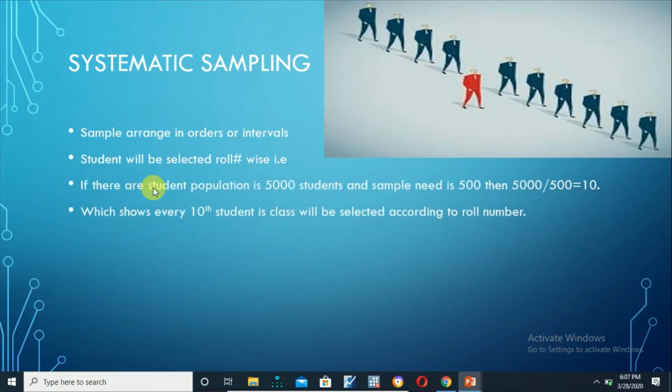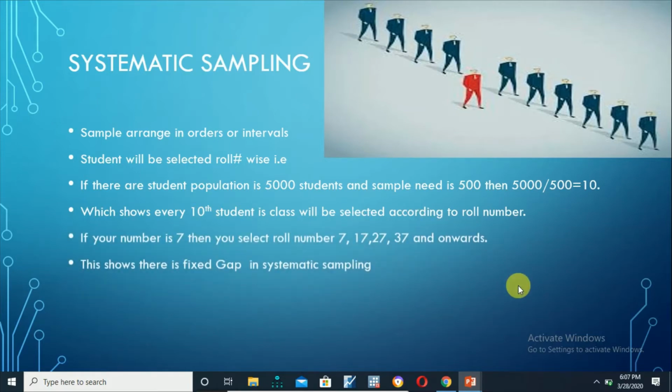That is, if there are 5,000 students in a class and the sample needed is 500, then you simply divide 5,000 by 500, you get 10, which shows every 10th student in the class will be selected according to the roll number.